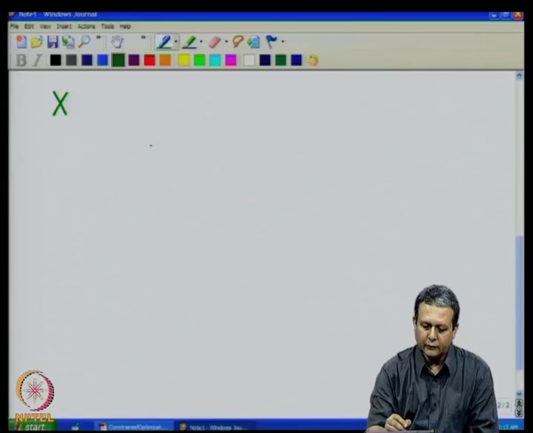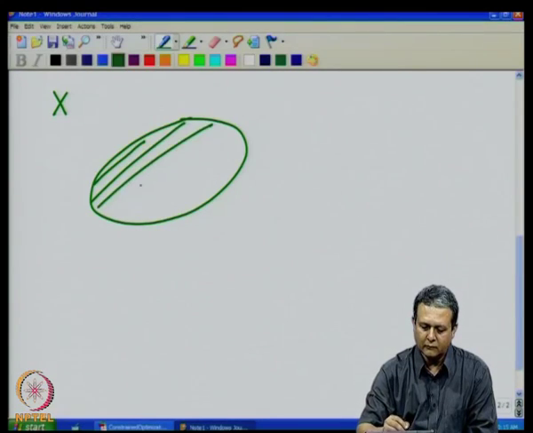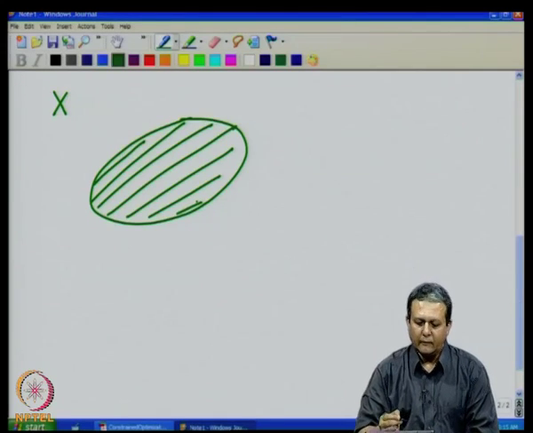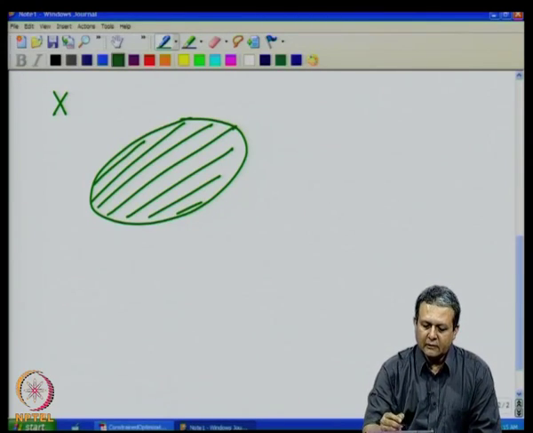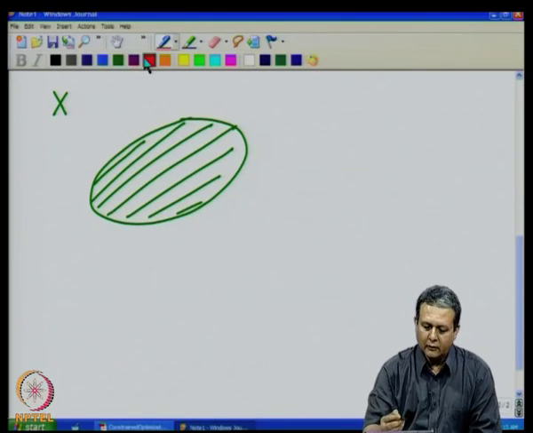So, if we have a constraint set X to be a set like this, and let us consider a point, let us say that this point is x a.